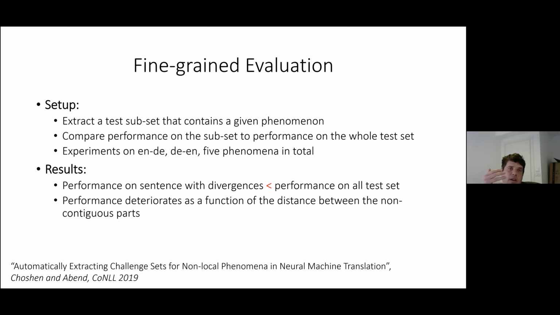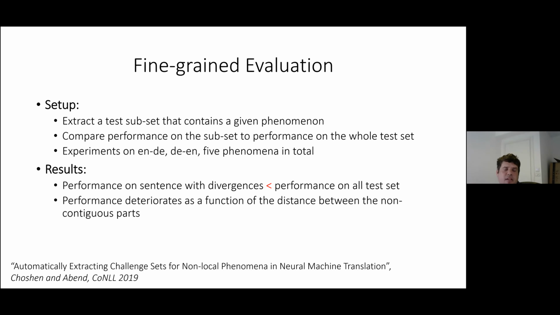Then we can test the performance of the system on the entire test set and compare it to the performance of the system on the subset of instances that contain this particular phenomenon. What we find is that this type of divergence results in reduced performance.